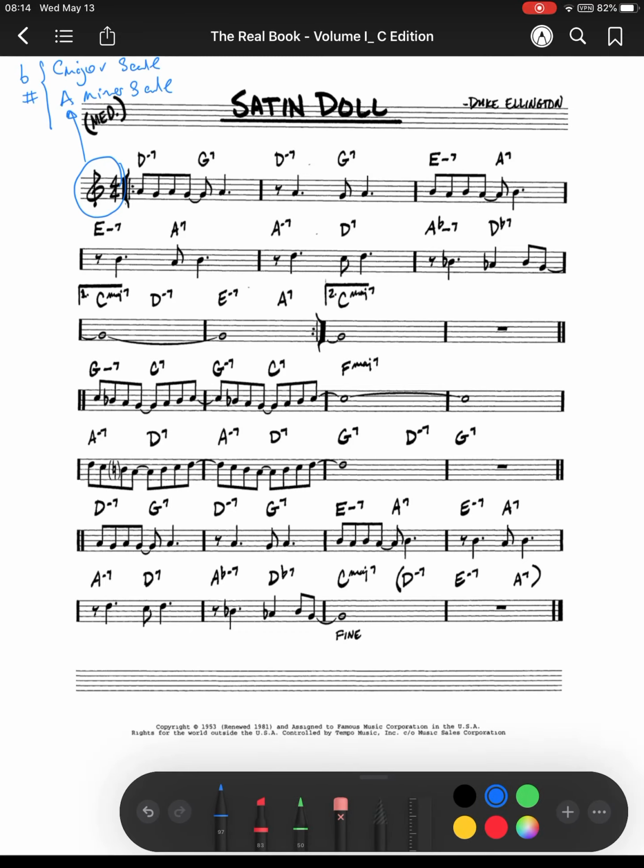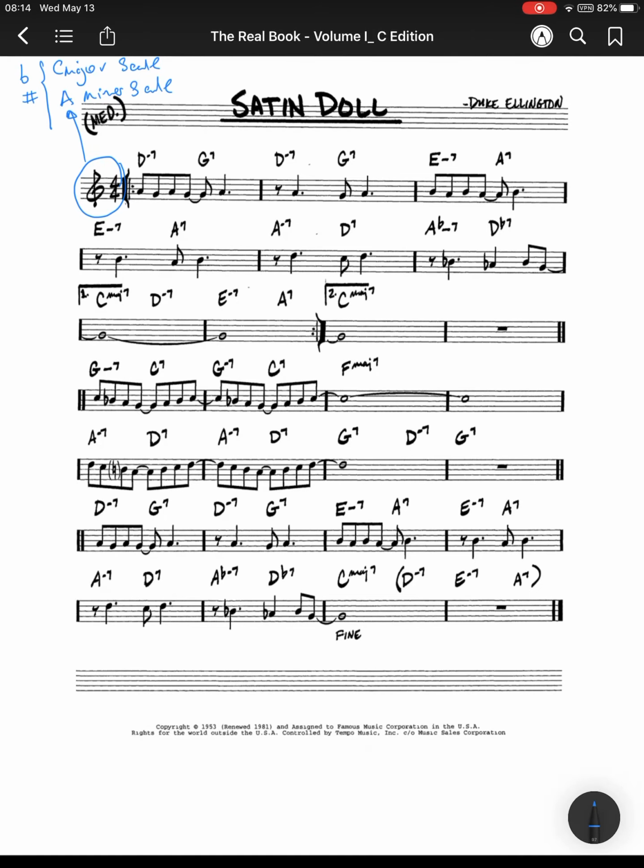Two things are important. The first thing is focusing on the chord progression, that means how the composer uses the progression and chordal movement.